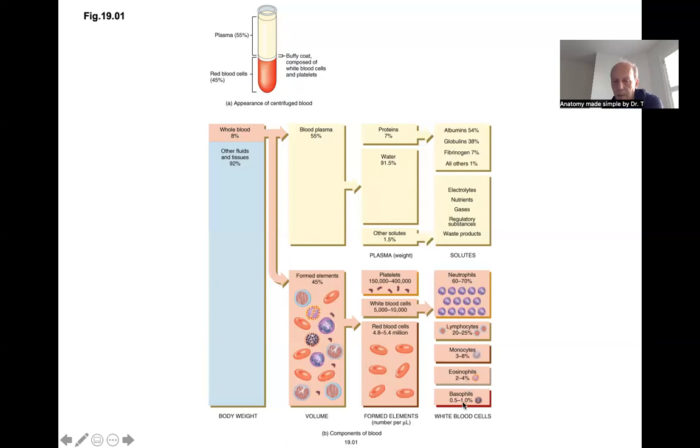Eosinophils and basophils were given that name because they have been dyed by acidic or alkaline substances. Their granulation accepted either acidic or alkaline dye, hence eosinophils, acidic dye, basophils, alkaline dye.